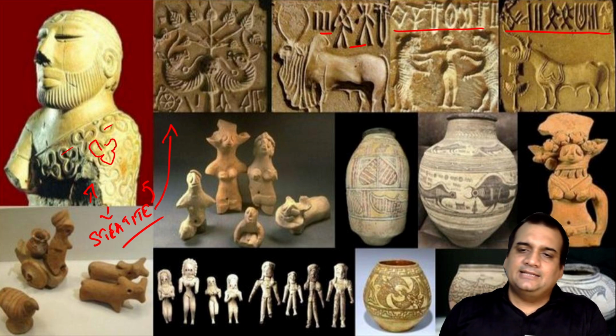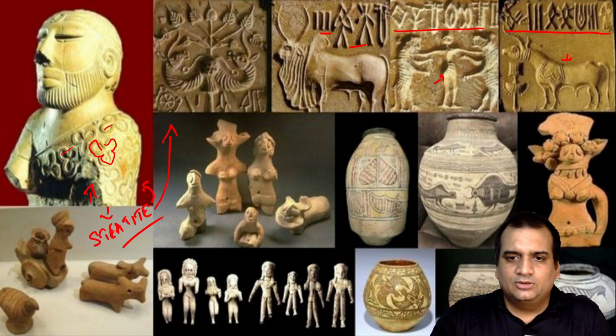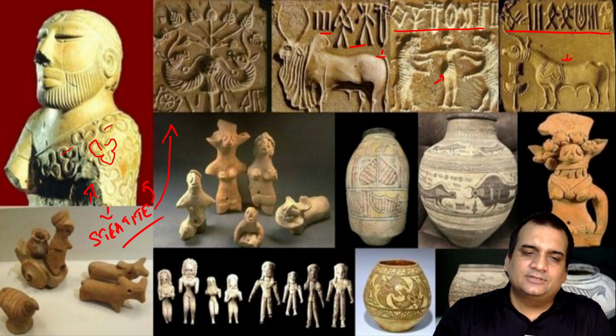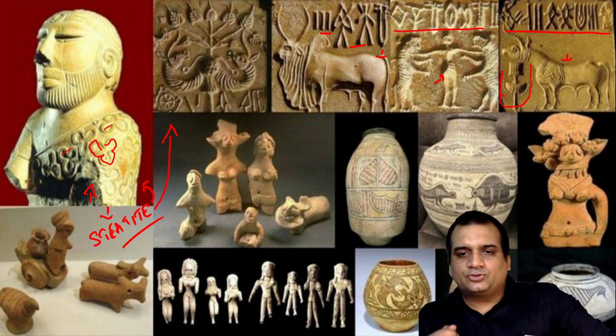Then at the bottom you will have a motif, like an animal representation. And there is one more thing. If you see below the face or the mouth of the animal, you have a feeding trough there, displaying the feeding trough.